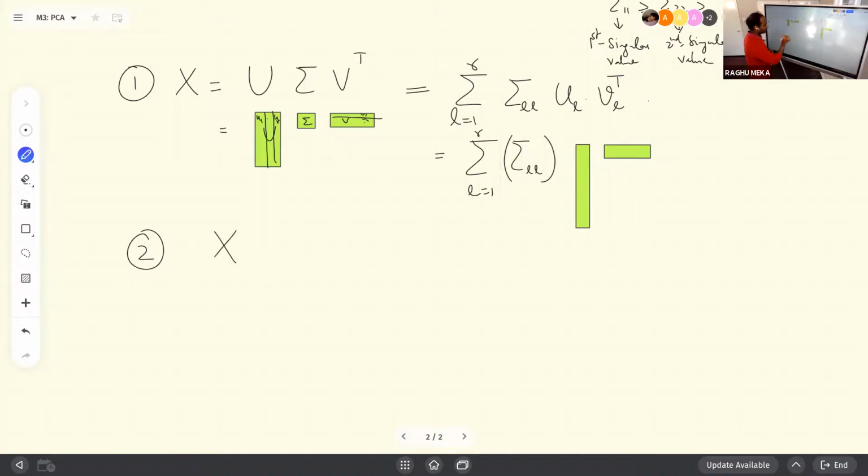So my claim is that X times Vi is actually, so let's use little sigma L for these diagonal entries. So if I multiply X with V, I get a scaling of U.